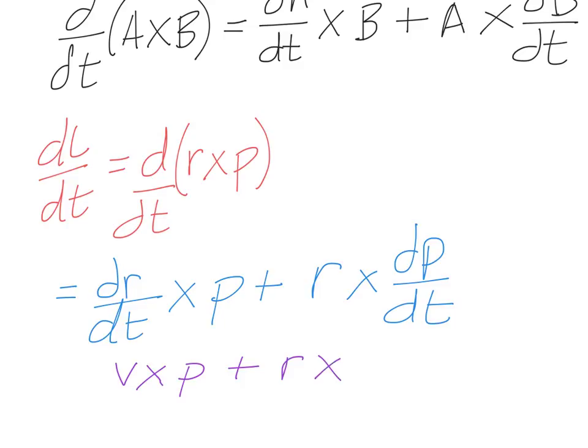And in the beginning of the video when we were discussing the objectives, we recalled that dp dt is actually force. Okay, so this is interesting here, and you probably are starting to notice a few things. We've got v cross p plus r cross F. Now let's do a little bit more simplification so we can analyze what's going on here.